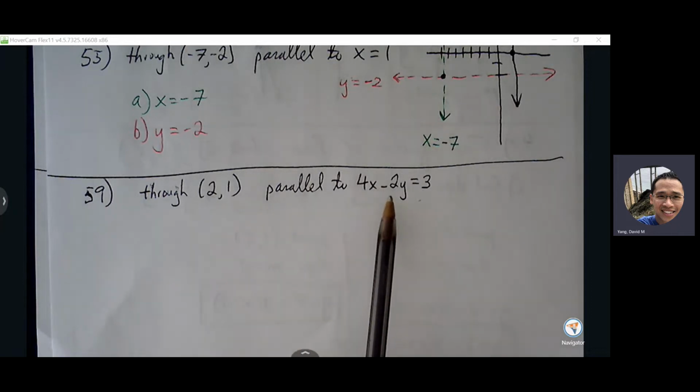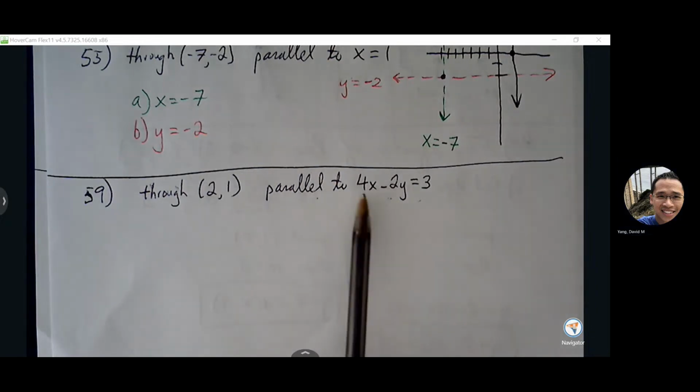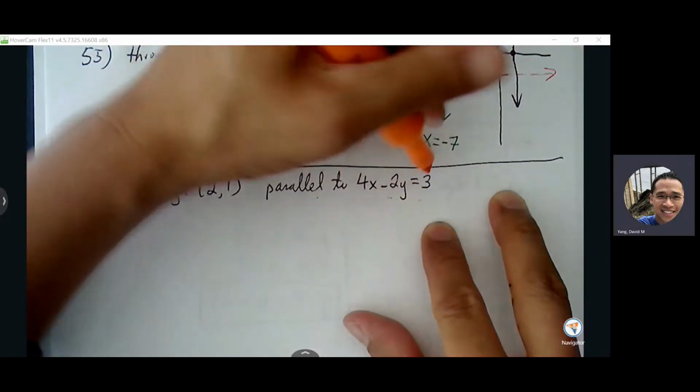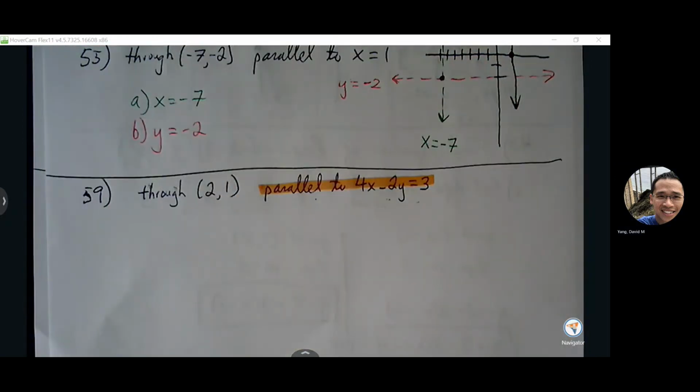Well, if I can find the slope of this line, then I can use the same slope because I know it's going to be parallel to it. So all I need to do is to find the slope from this information. All this messiness here, I should want to find the slope.